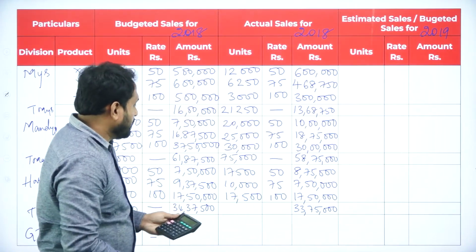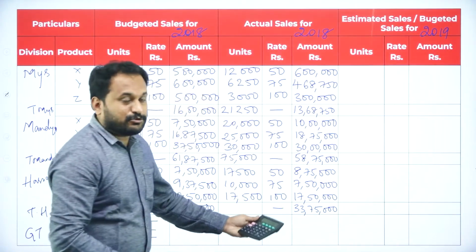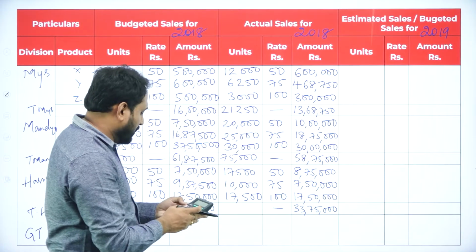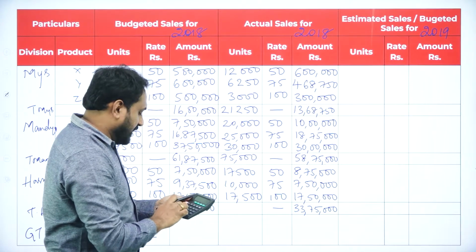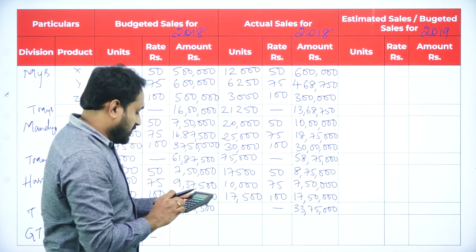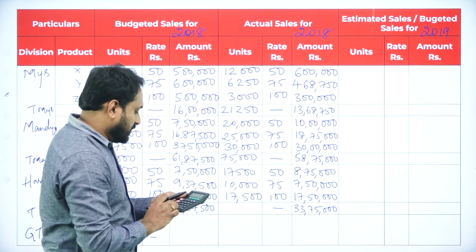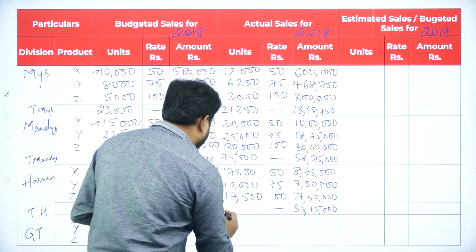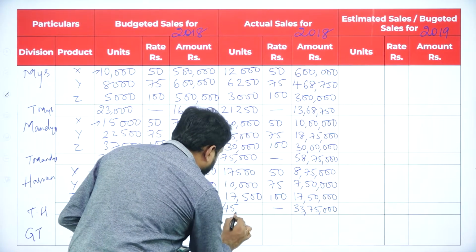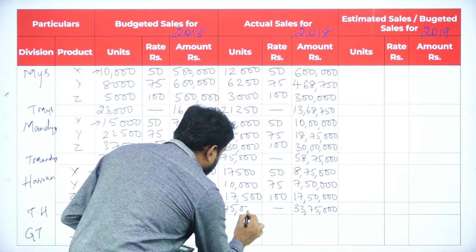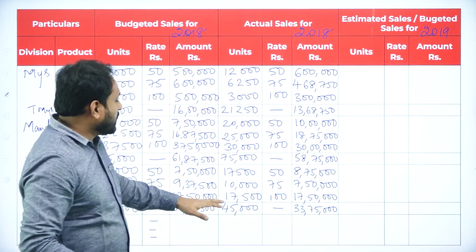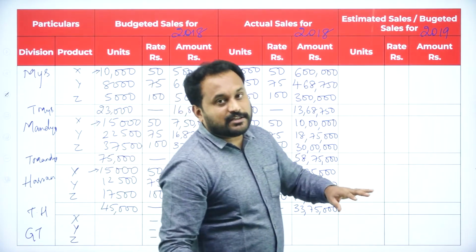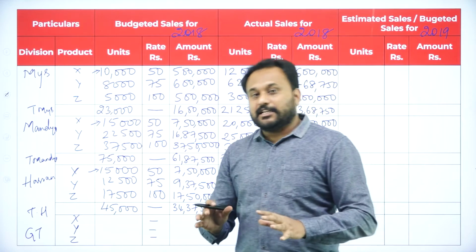Now the rate column, we are not supposed to add it. 17,500 into 2 is 35,000 plus 10,000 is 45,000. So we got our actual sales of 2018 and budgeted sales of 2018.